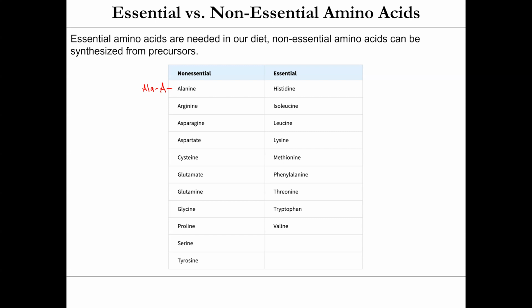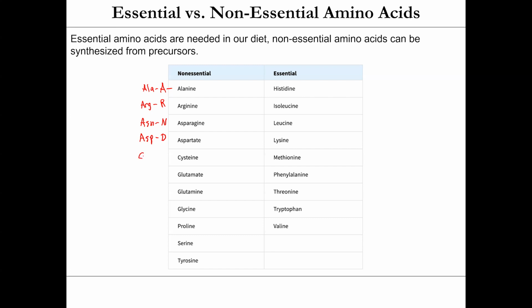It has that terminal guanidino group, and its 3-letter code is ARG, and its 1-letter code is R. Asparagine, so it has that terminal amide group, so ASN and N. And then aspartate, which has the terminal carboxylic acid group, so it's negatively charged, so ASP and D.